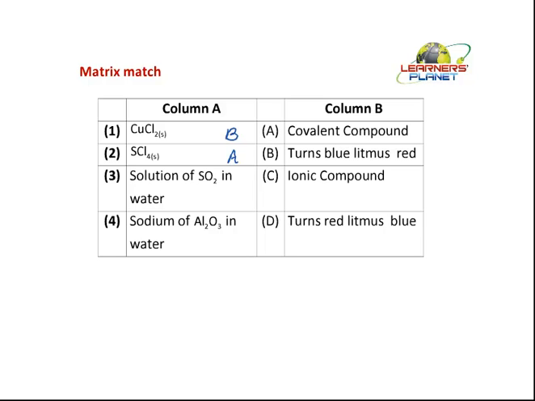The next is solution of SO2 in water. So students, this is SO2. What type of oxide is it? Your SO2 is a non-metal oxide. And what type of solution will it form?